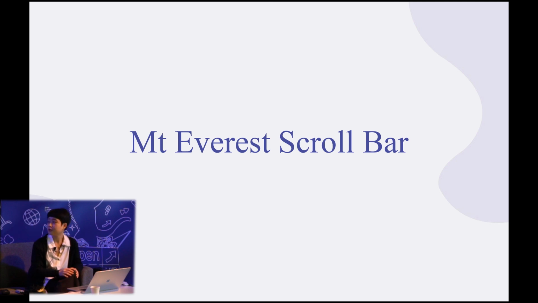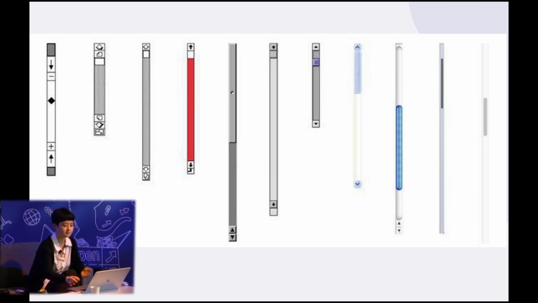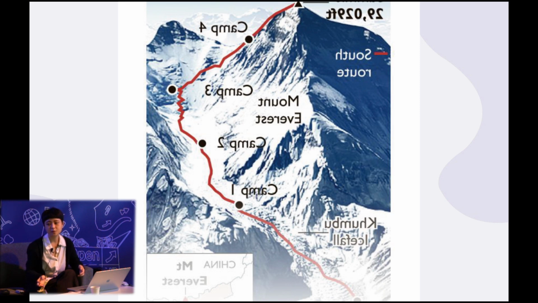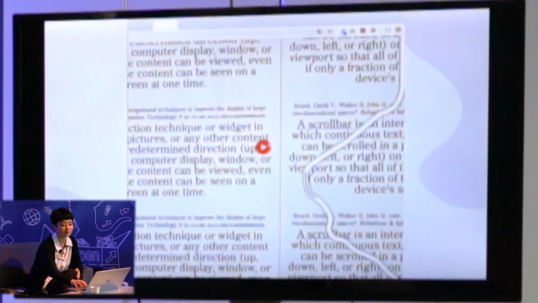Or we can think about this kind of thing. We can ask questions like, why does the scroll bar look straight, whereas when we walk on the street or when we are climbing, it can never be straight? So we can even imagine some sort of scroll bar which might look like this.